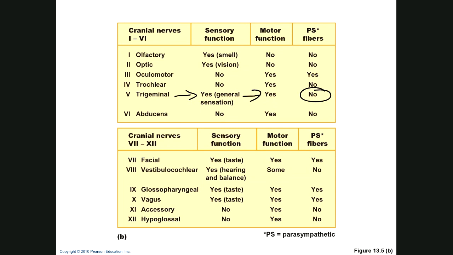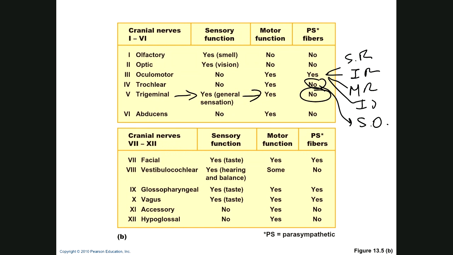So if you go through the extraocular eye muscles, the oculomotor took care of the superior rectus, inferior rectus, medial rectus, inferior oblique. The trochlear took care of the superior oblique. That takes care of 5 of the 6. We have one missing, which is the lateral rectus.